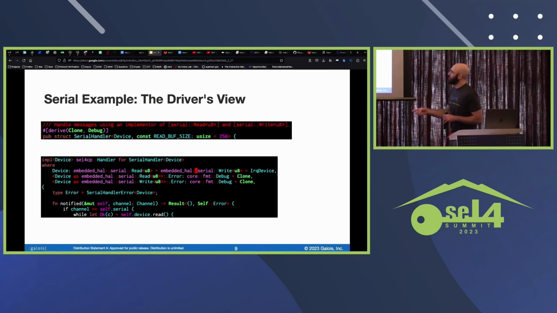So that's it. We're just making a generic handler for serial devices.